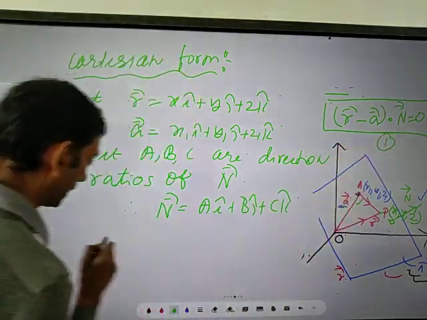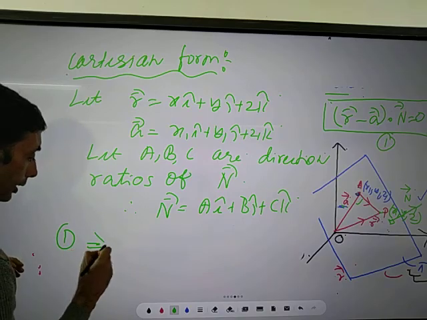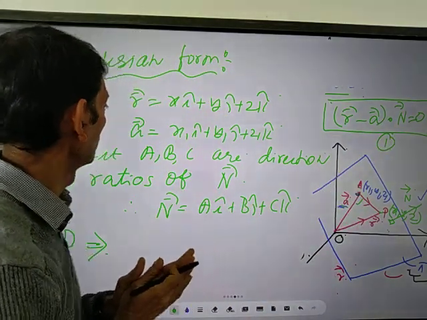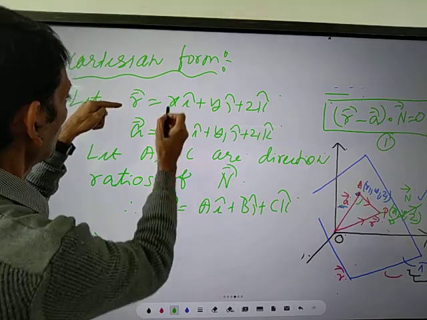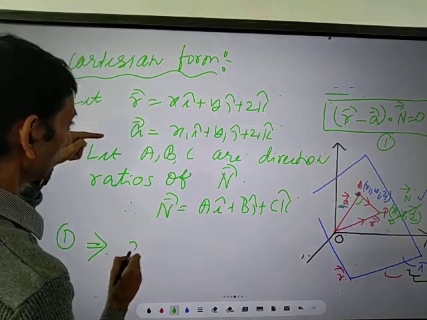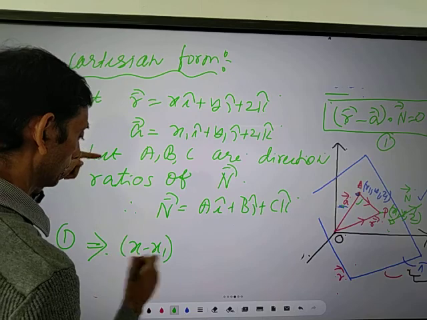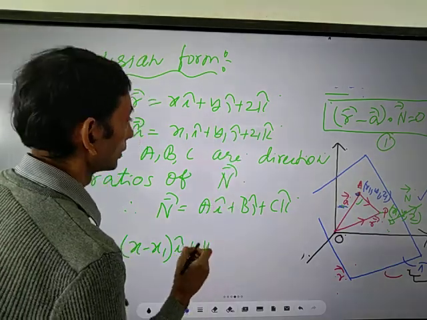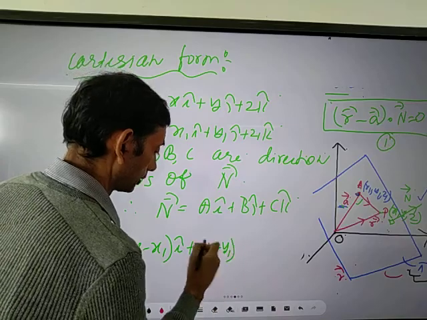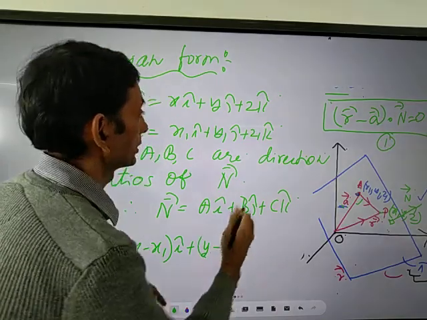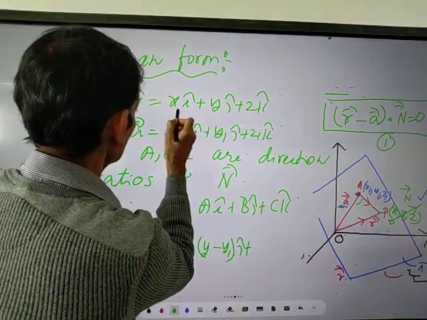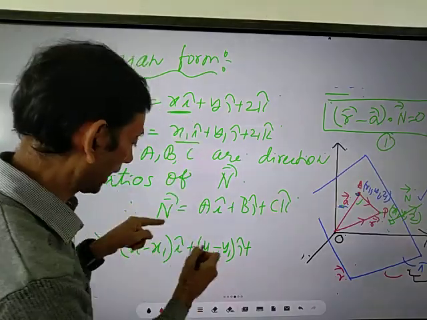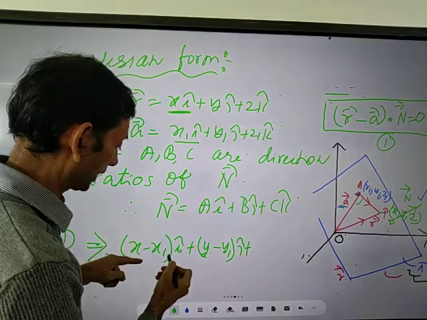So equation 1 implies, now R minus A. If you use this R minus A, we'll get (x minus x1) i cap, then (y minus y1) j cap plus (z minus z1) k cap. You subtract x i cap minus x1 i cap, take i cap common, so you'll get (x minus x1) i cap.